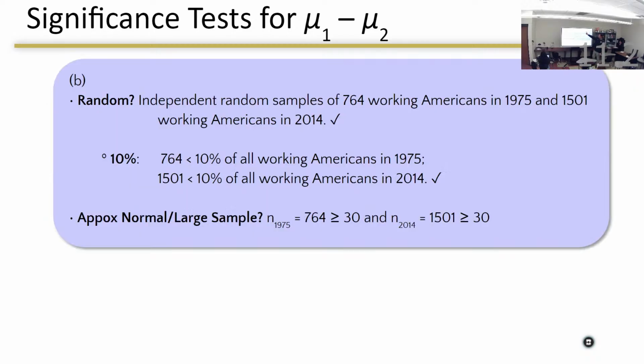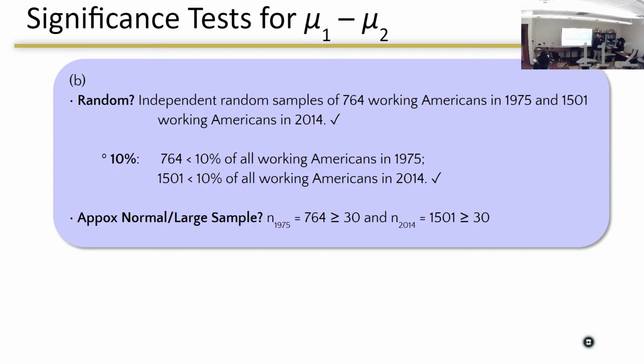Beautiful. Here it is, non-hieroglyphics. Independent random samples of 764 working Americans in 1975, 1501 working Americans in 2014. Do I have to put all that? I think we've discussed that. No. We don't want SRS. Check. That's what we want. 764 is less than 10% of all working Americans in 1975. 1501 is less than 10% of all working Americans in 2014. Do I have to put all that?